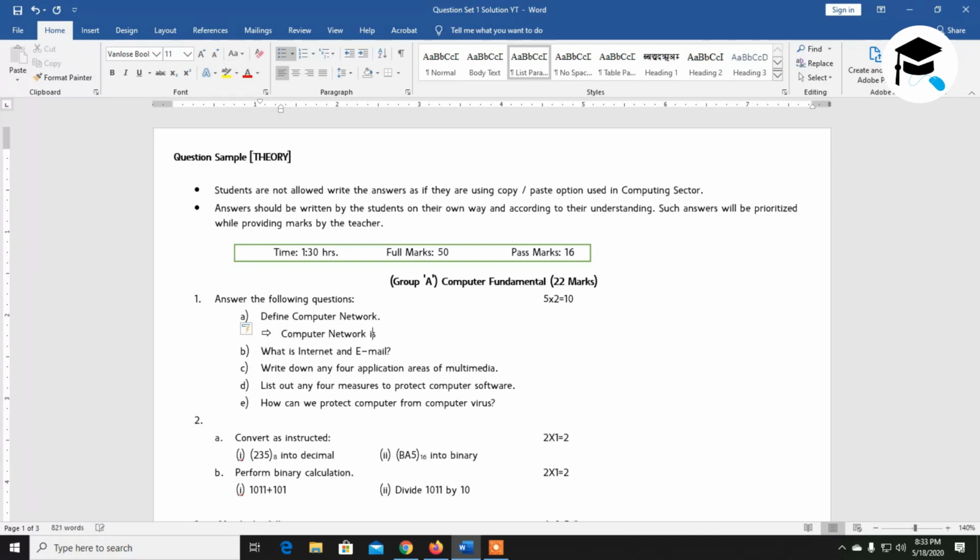It is a group of computers or any electronic devices interconnected by communication media. By communication media you need to understand it can either be wired or wireless.